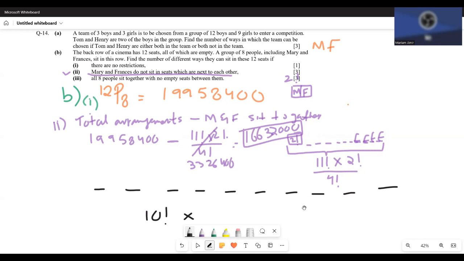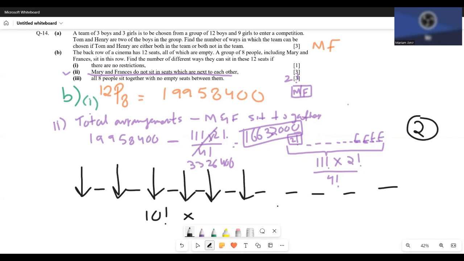Now, Mary and Frances cannot sit together. That means one of them can sit here, or here, or here, and so on. So that's a total of 11 available spots for just two people.